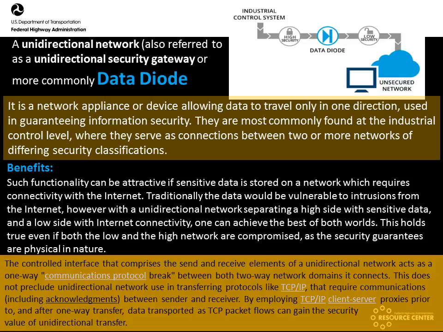This does not preclude unidirectional network use in transferring protocols like TCP/IP that require communications, including acknowledgments, between sender and receiver. By employing TCP/IP client-server proxies prior to and after one-way transfer, data transported as TCP packet flows can gain the security value of unidirectional transfer. Data diodes are critical applications used as part of your defense in depth strategy.